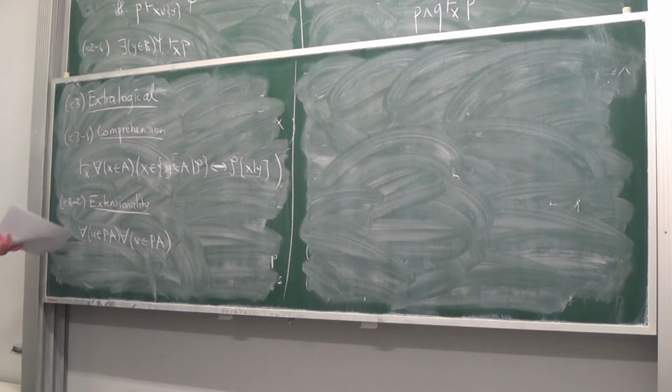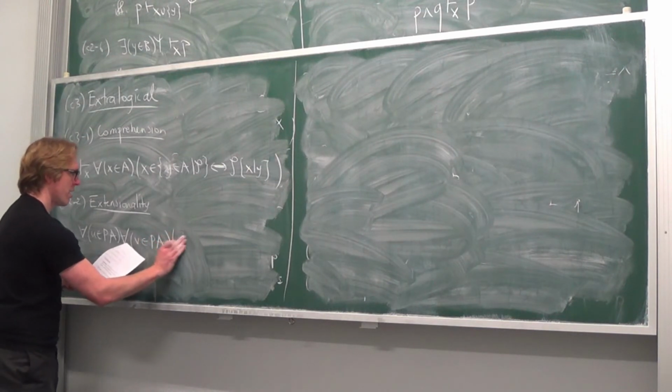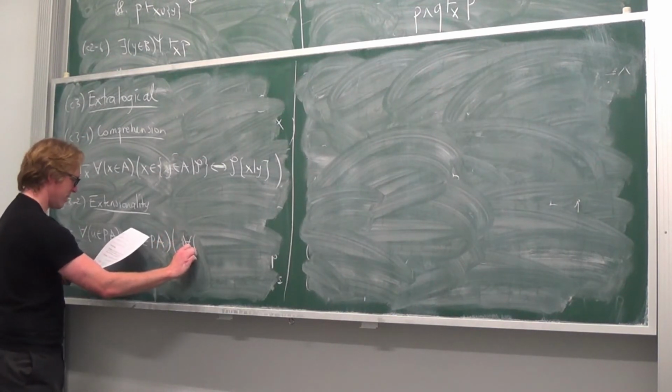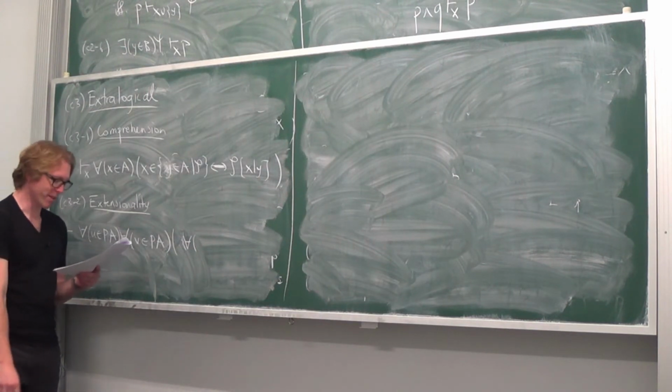We think of these variables as ranging over subsets of A. Given two subsets of A, if they have the same elements, then they belong to the same things, because the equality was Leibniz equality.